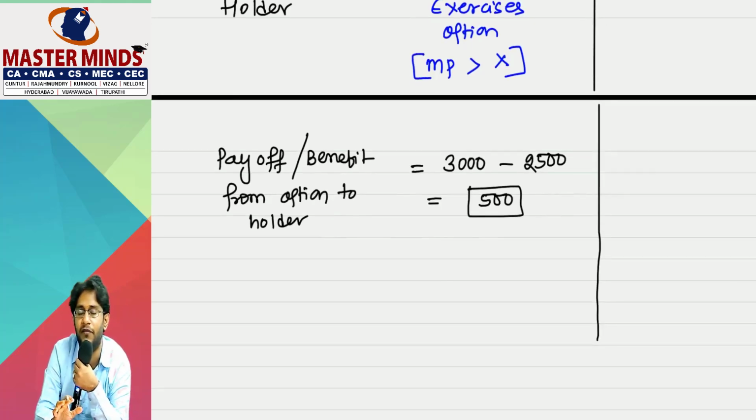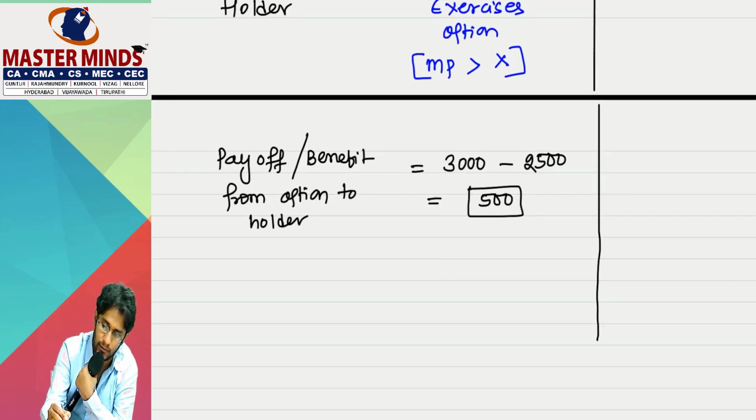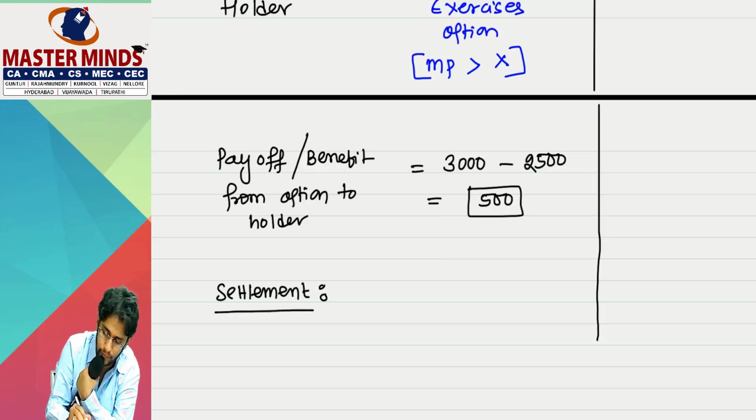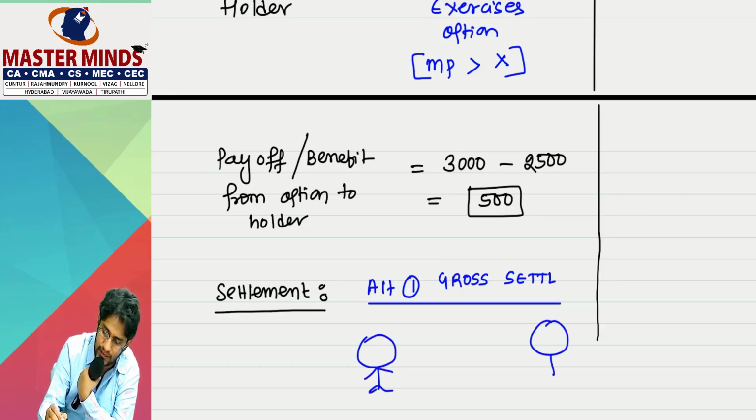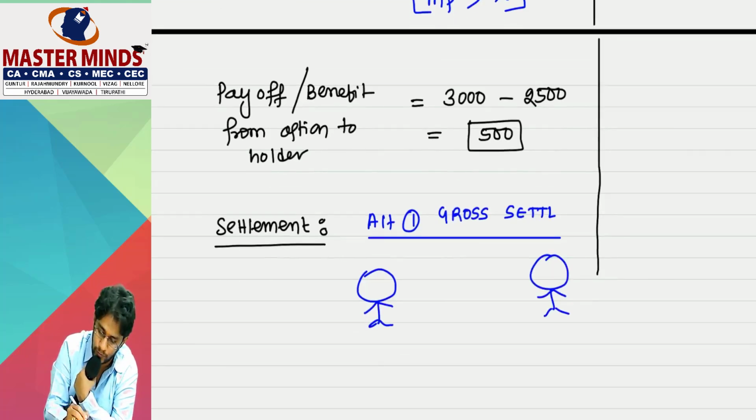Sorry, 500 rupees benefit, how will I receive? That is exactly what we call settlement. Now how will settlement happen? Alternative 1. Gross settlement. In gross settlement, whatever we agreed to do, exactly in letter and spirit you should do. There is a holder, there is a writer.